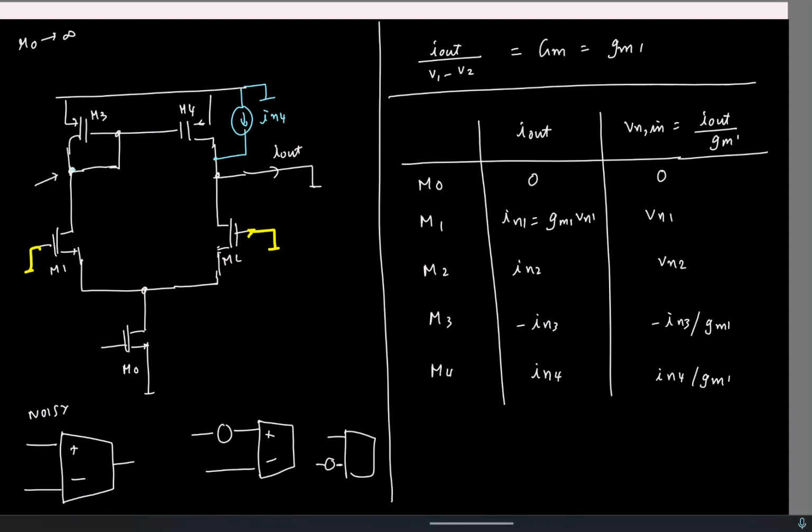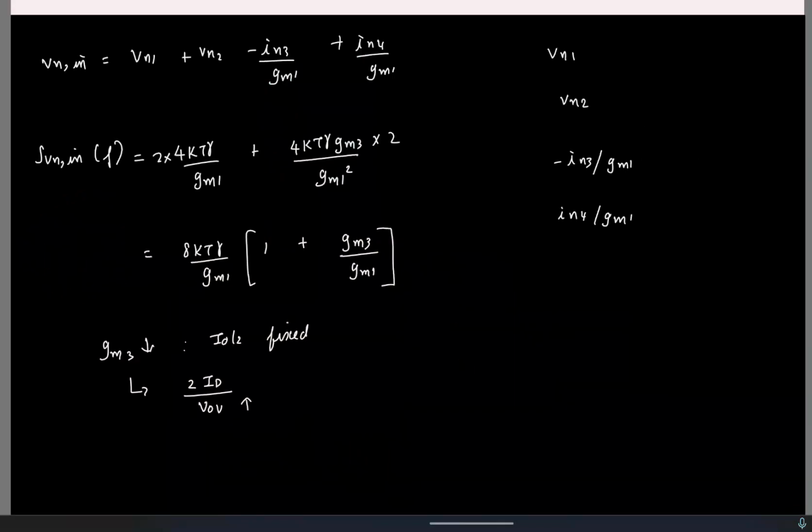It will keep decreasing, and if it keeps decreasing, this transistor may go out of saturation. So of course there is a trade-off. Design is always about trade-offs. You try to do something, something else gets affected, so you always try to find some sweet spot.